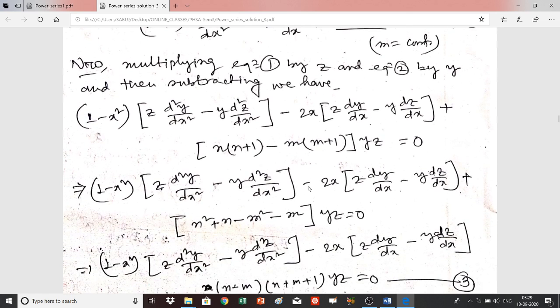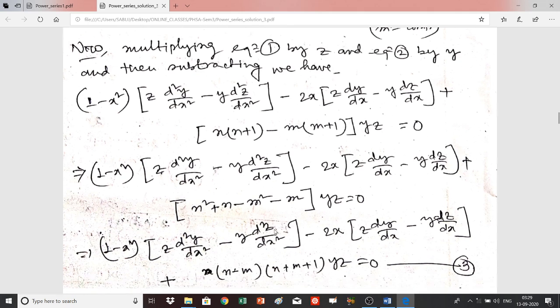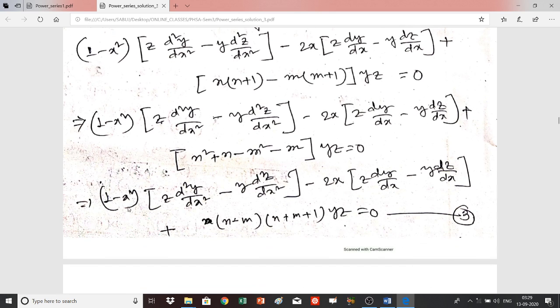The first two terms remain as they were.